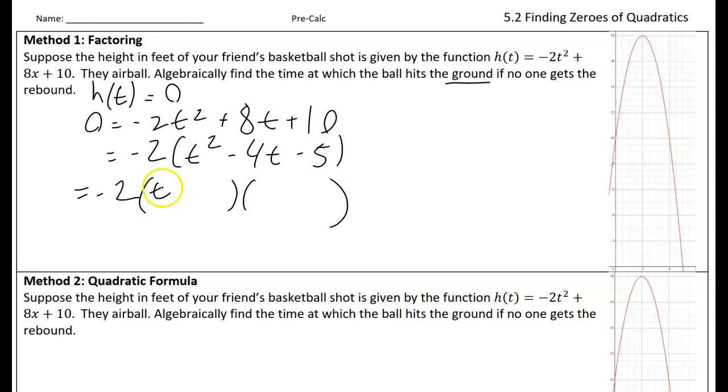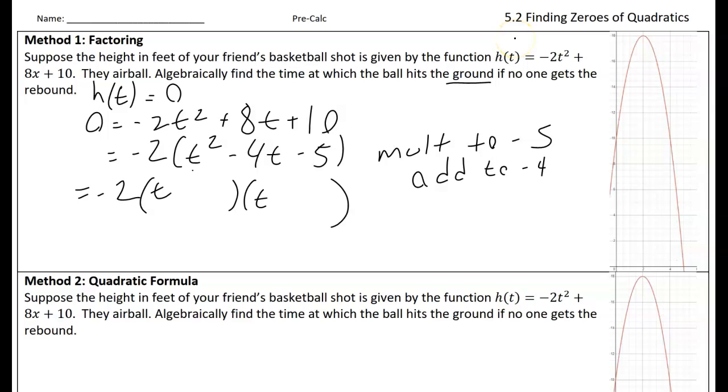And then I know each of my binomials is going to start with a t to give me a t squared. And remember, what I want these to do is to multiply to -5 and add to -4. And those two numbers, of course, would be a -5 and a +1. And I would just make sure I annotate here, add and multiply for those two pieces.